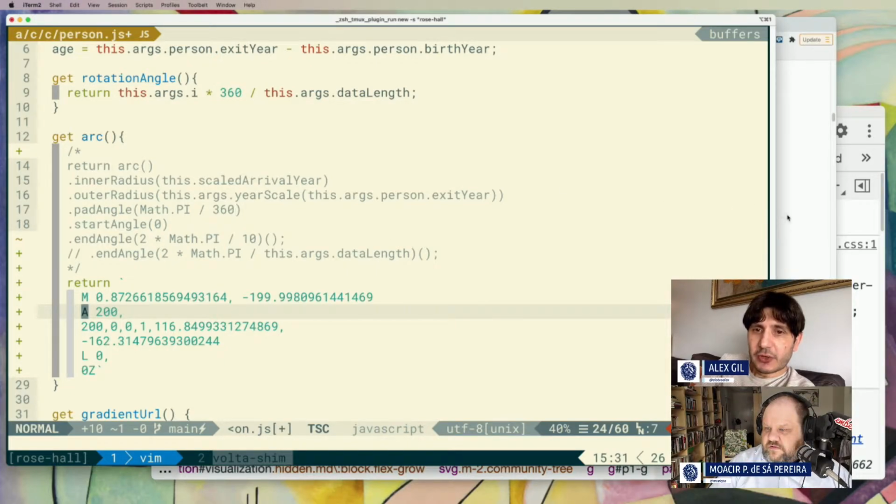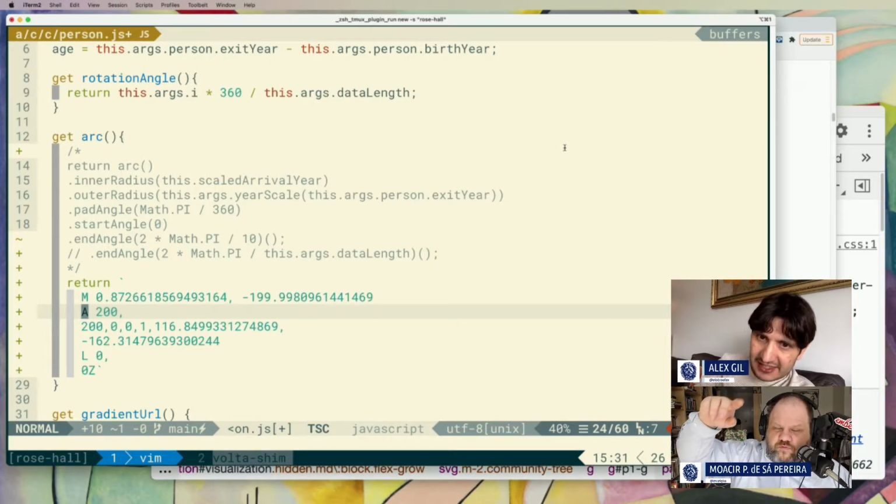So minus 200 is in the y-axis, right? So this is almost 1 on the x and 200 down. But xy is at the top, at the 0, 0. 0, 0 is in the top left. So minus 100, actually 200 goes up. From the top.